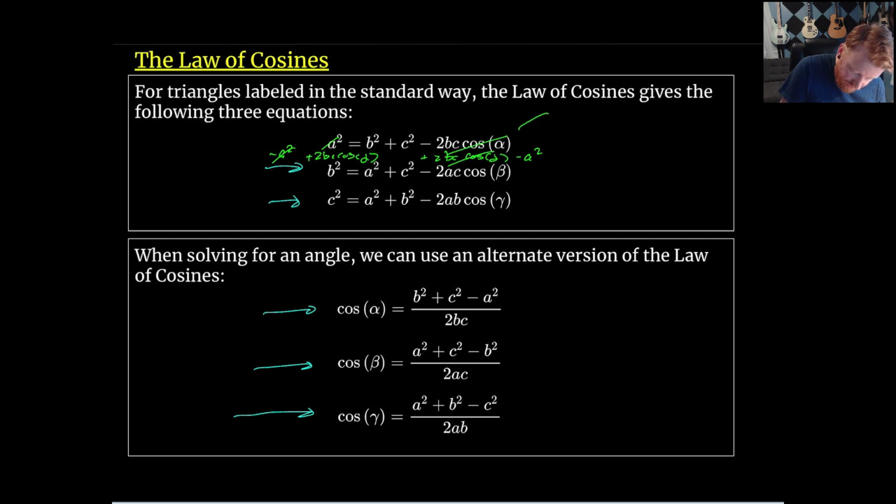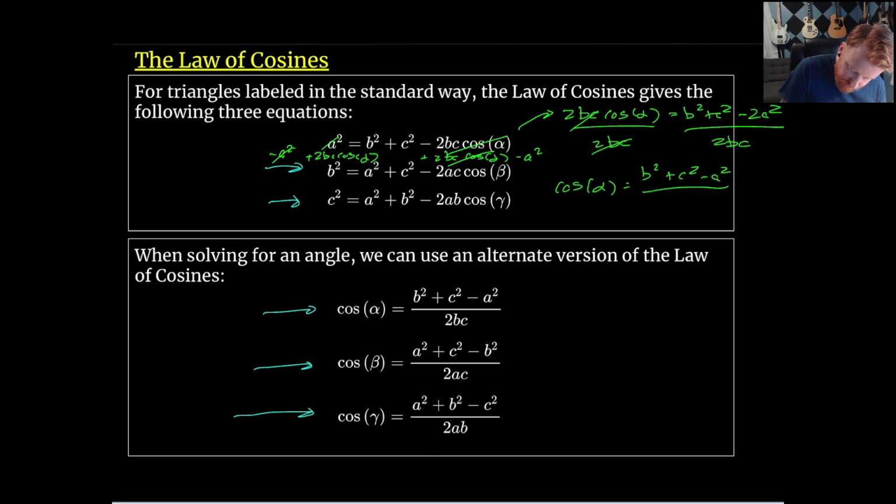And what we're going to be looking at here is 2bc cosine of alpha is equal to b squared plus c squared minus a squared. And then if we divide both sides by 2bc, we're getting that the cosine of alpha is equal to b squared plus c squared minus a squared all over 2bc, which is exactly what we have here.